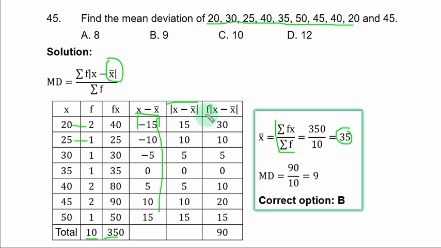Then you have f times the next column. That is f multiplying this column, you get this column. 2 times 15, 30. 1 times 10 is 10, and so on. And when you add, you have 90. So therefore, mean deviation is 90 divided by 10, and that is 9. B is the correct option.